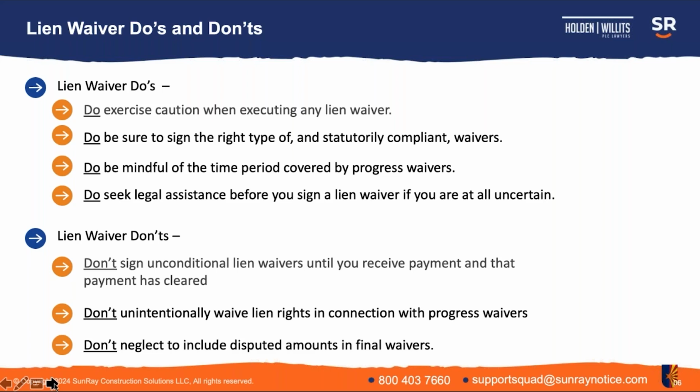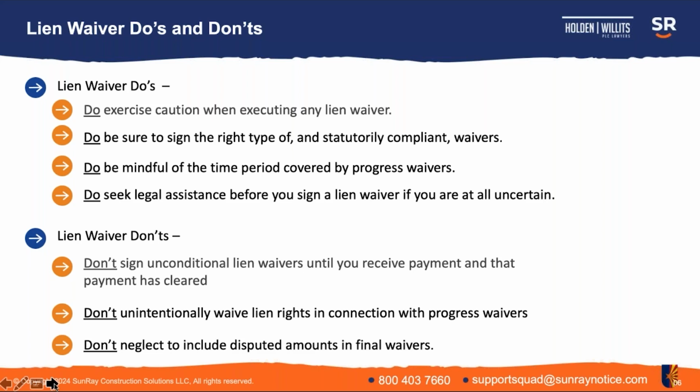Once the check for payment application 4 is paid, the language in the waiver effectively releases all lien rights prior to that through date, including the lien rights you would have for payment application number 3 that hasn't yet been paid.